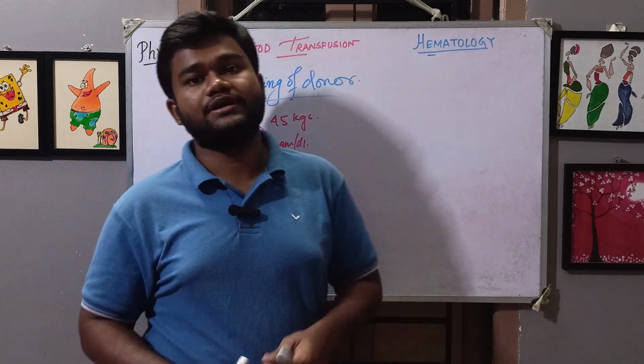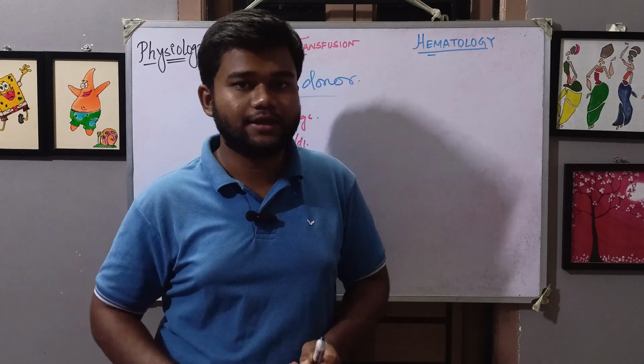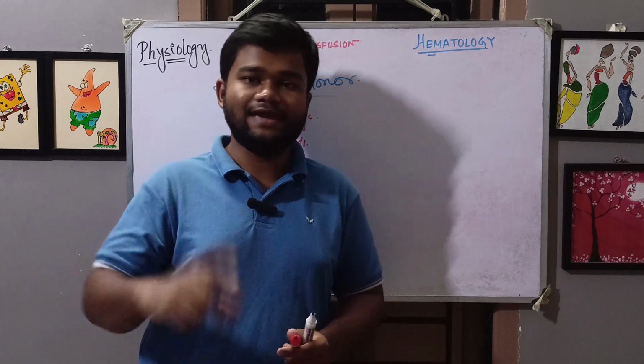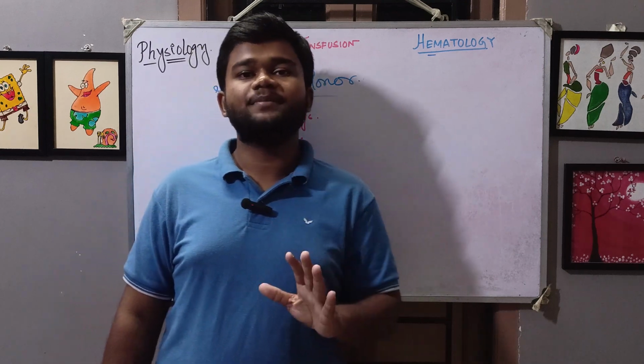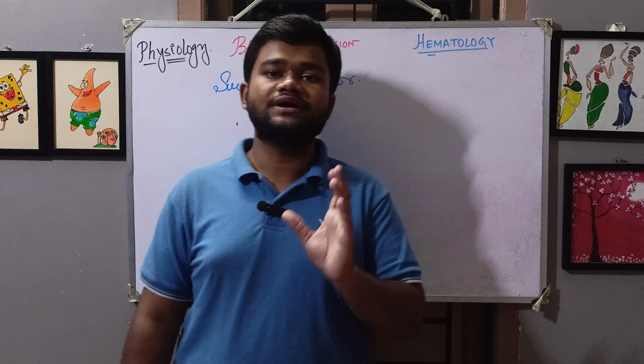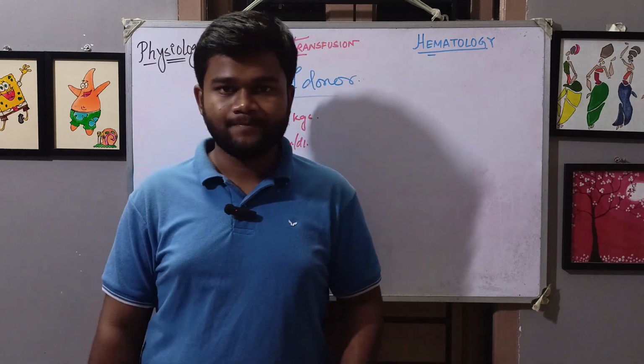Fourth, and the most important, the person should not be suffering from any communicable diseases like HIV, AIDS, etc. And number five, the donor should be of a sound mind to give his or her consent for the blood donation.